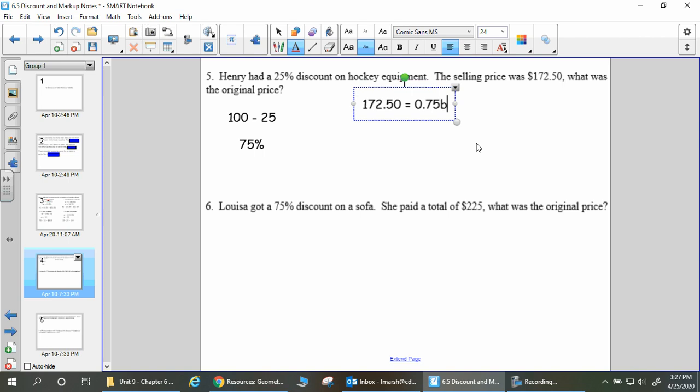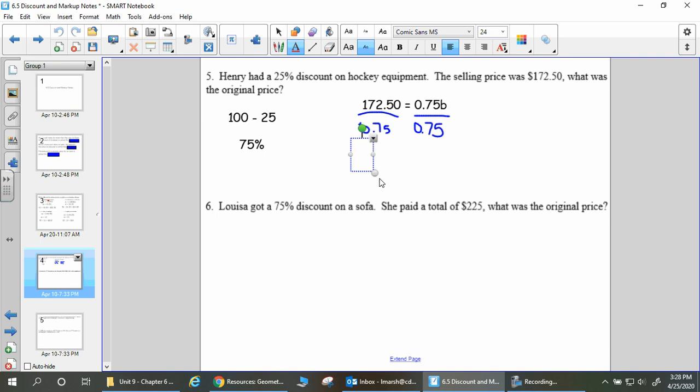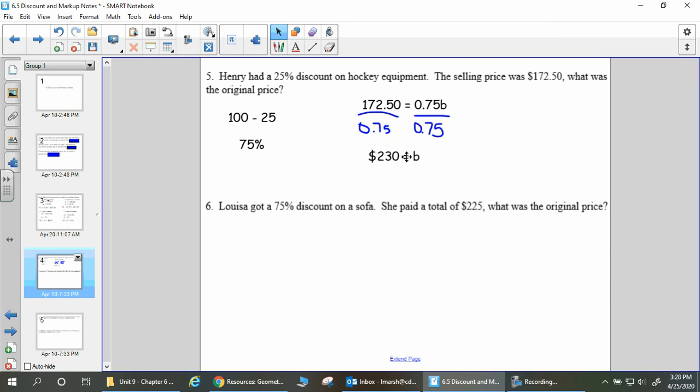Or if you think back to the videos from last week, this is your whole value, your original value, that would be B. So on both sides I would divide by 0.75. If you take a calculator, 172.50 divided by 0.75, I'm going to get $230 for my original price.